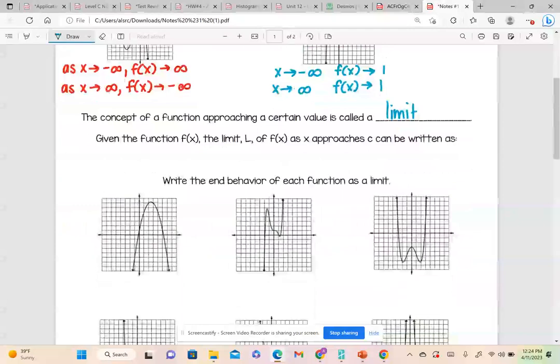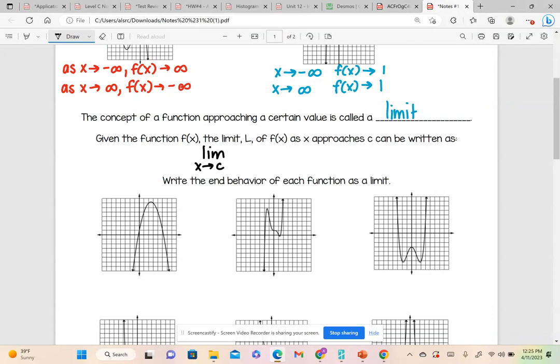The notation is really important when we talk about limits, and I will be picky about how you say it and how you write it. Here is how you write such notation. You will write the limit, LIM. Your limit will always be x approaches some value. It'll never be y.